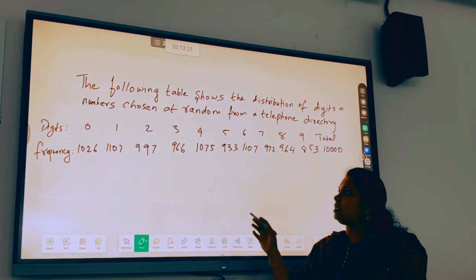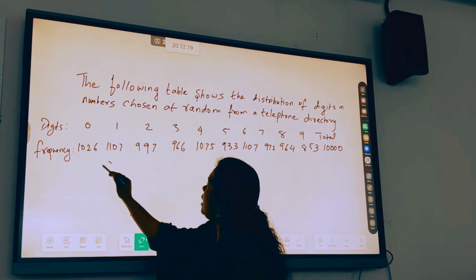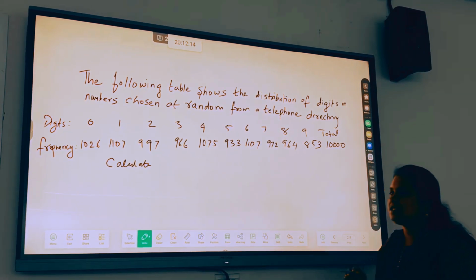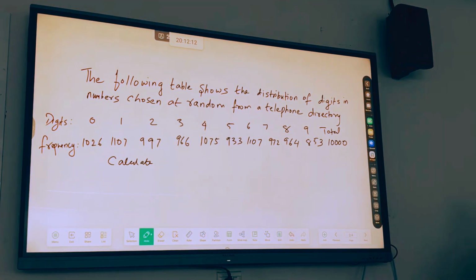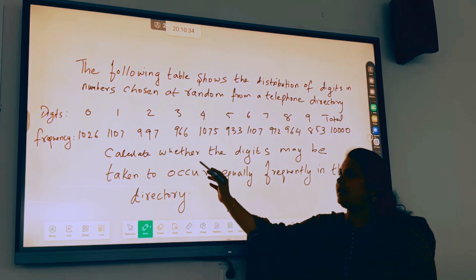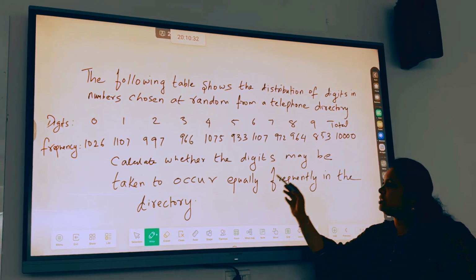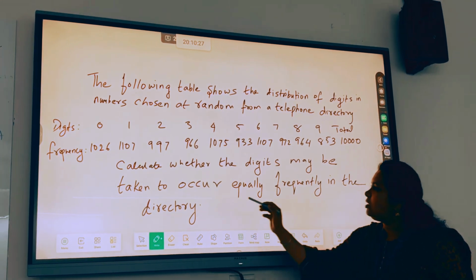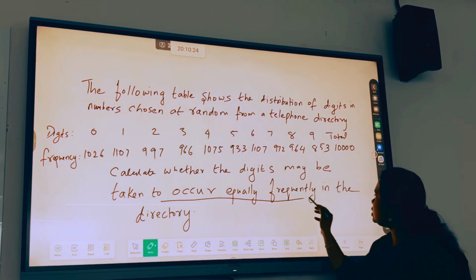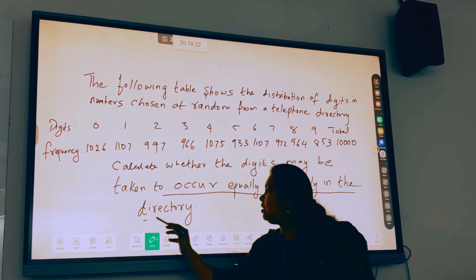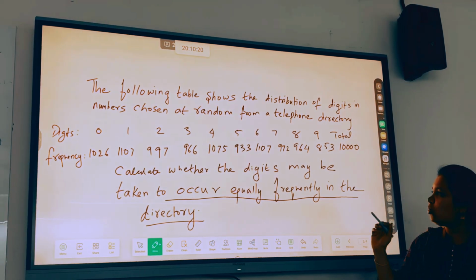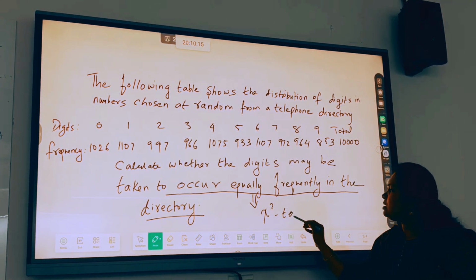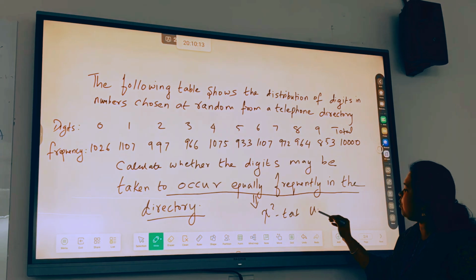Calculate whether the digits may be taken to occur equally frequently in the directory. All of you should note this point: equally frequently. So we have to apply the chi-square test. Or else one more clue is there: uniformly distributed.